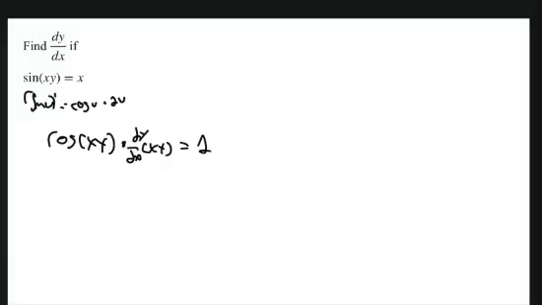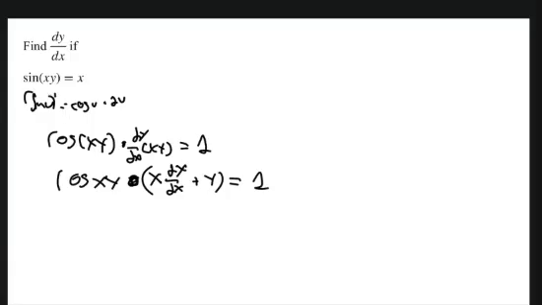Now we differentiate xy using the product rule. So we get x times dy/dx plus y. And now we put it all together, and then we have cosine xy times (x dy/dx plus y) equals 1.